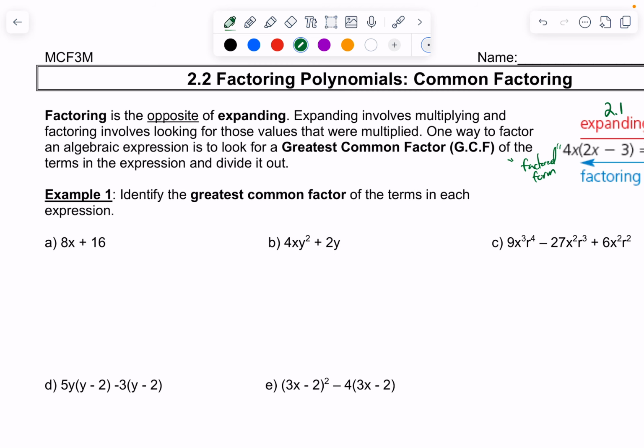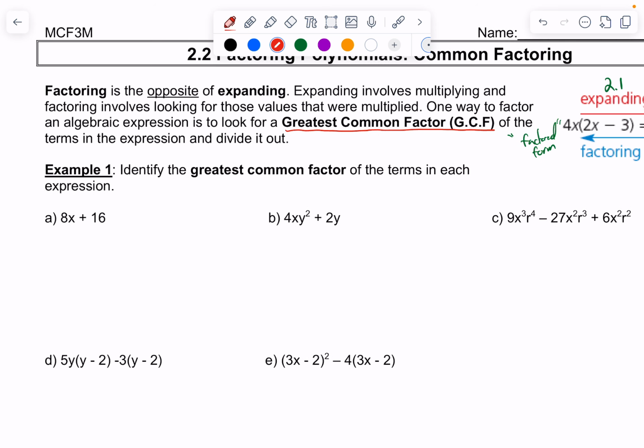The main concept with common factoring is we're looking for something called the greatest common factor. That is the biggest number, and variable, it could be both, that we can take out of each term in an expression.